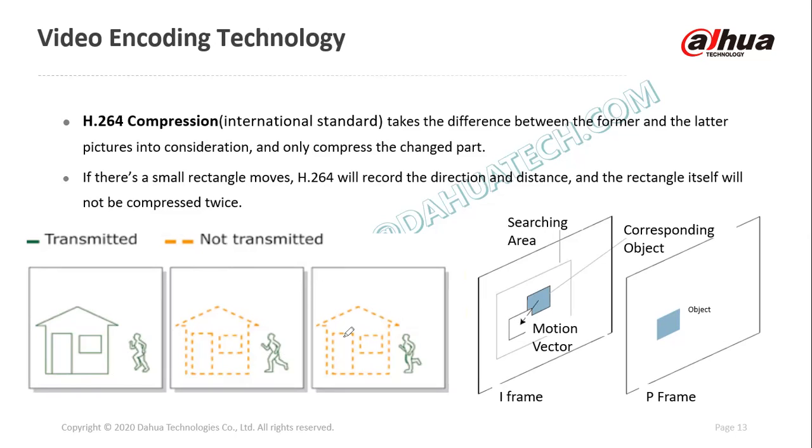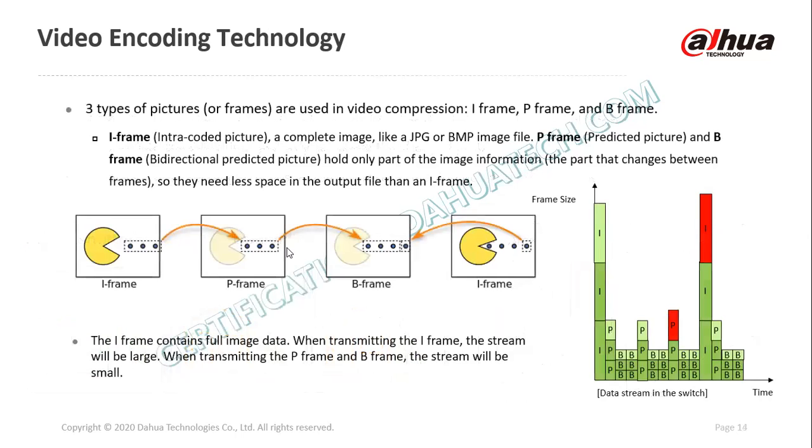If a small rectangle moves, H264 will not record the direction and distance, and the rectangle itself will not be compressed every time. You can check this technology later.